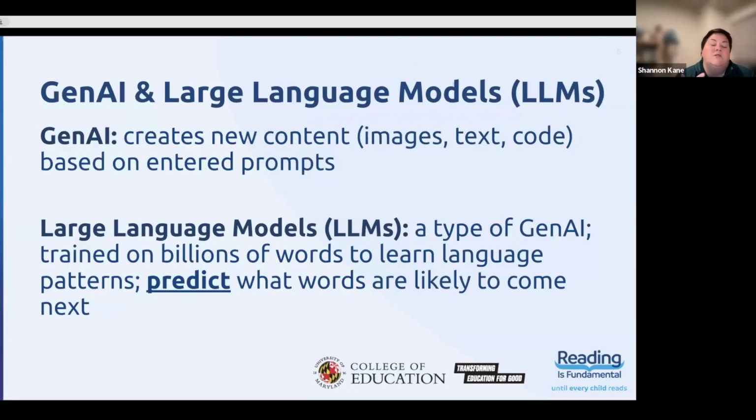So if you entered the prompt, help me describe a thunderstorm, whether it's in ChatGPT, Gemini, or any of the LLMs out there, the model is going to predict and produce a thunderstorm description based on everything that it's read and mined around thunderstorms, and everything it's seen before, and it's going to produce something, right?